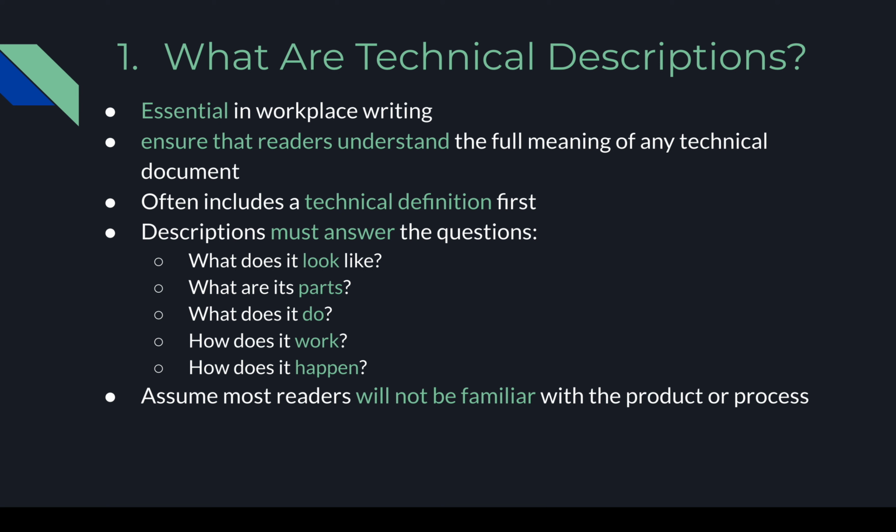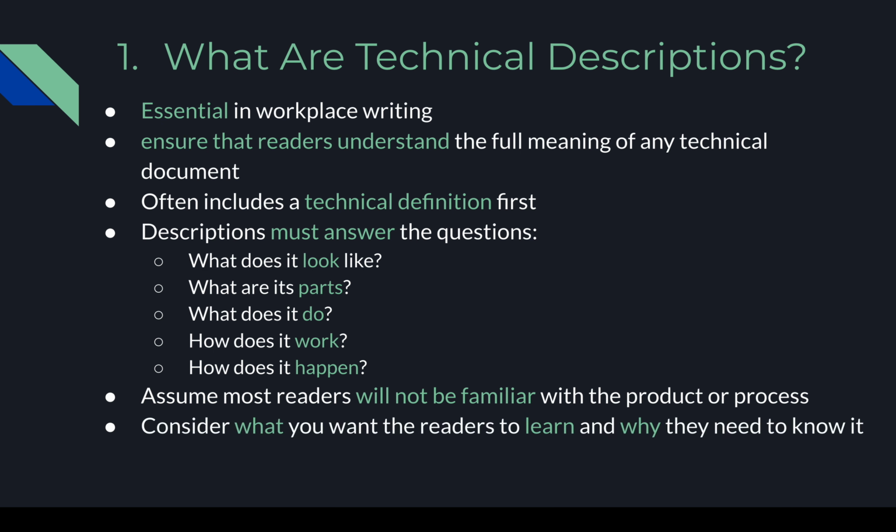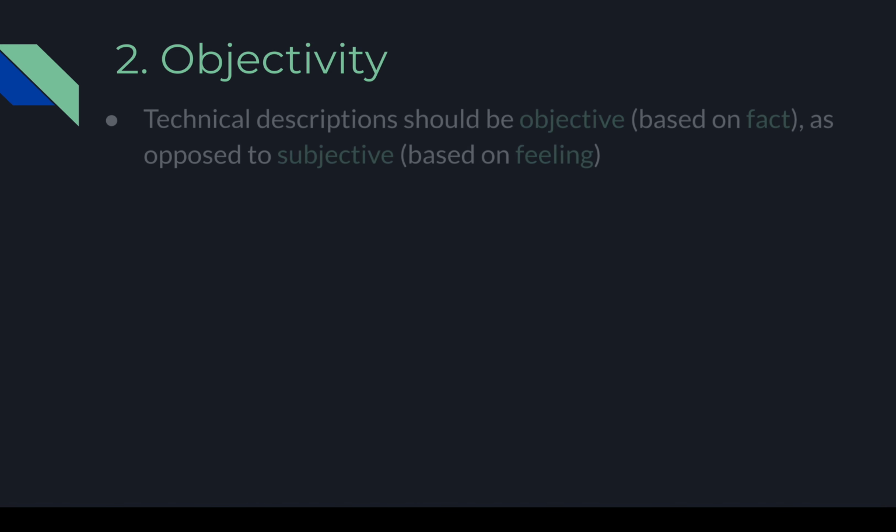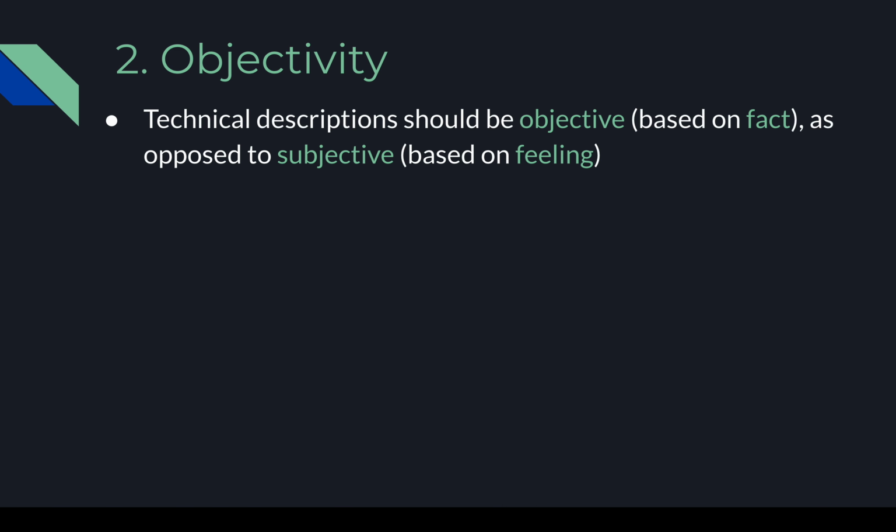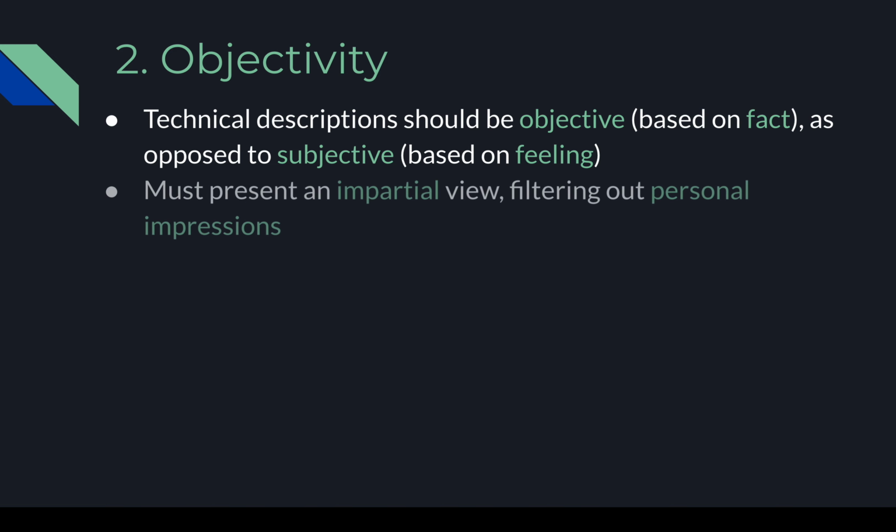You, as the technical writer, should assume that most readers will not be familiar with the product or process you are describing. And you should also carefully consider what you want the readers to learn and why you think they need to know it. And technical descriptions should be objective, in other words, based on fact, as opposed to subjective or based on feeling.